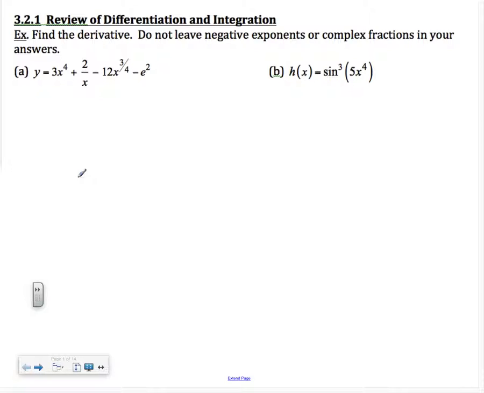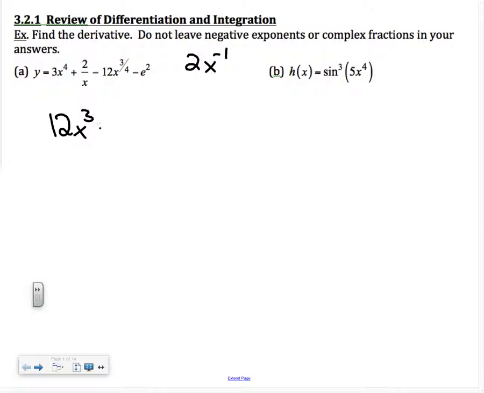So the first example here, it says find the derivative. Do not leave negative exponents or complex fractions in your answers. So hopefully this is pretty easy for y'all. The derivative of 3x to the fourth would be 12x cubed. The derivative of 2 over x, I would write that or think of it as 2x to the negative 1. So my derivative would be negative 2x to the negative 2.